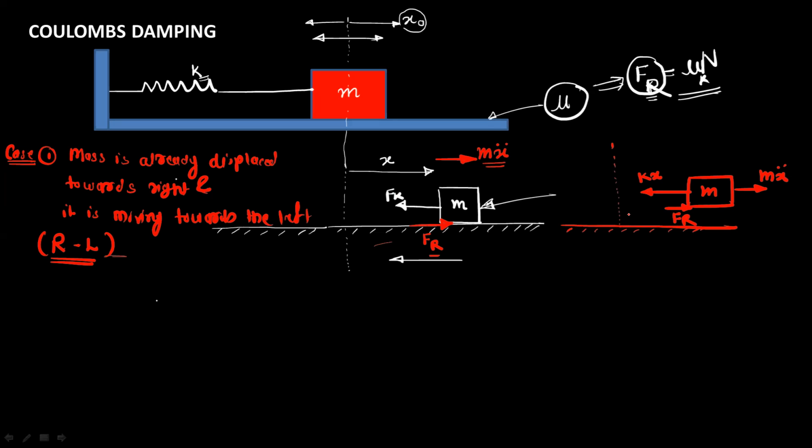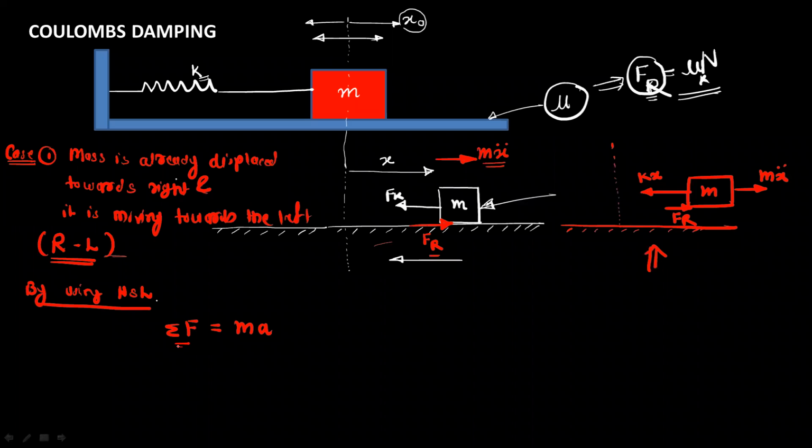Okay. Now use Newton's second law. By using Newton's second law, the equation is summation of F is equal to mass into acceleration. Observe this free body diagram.